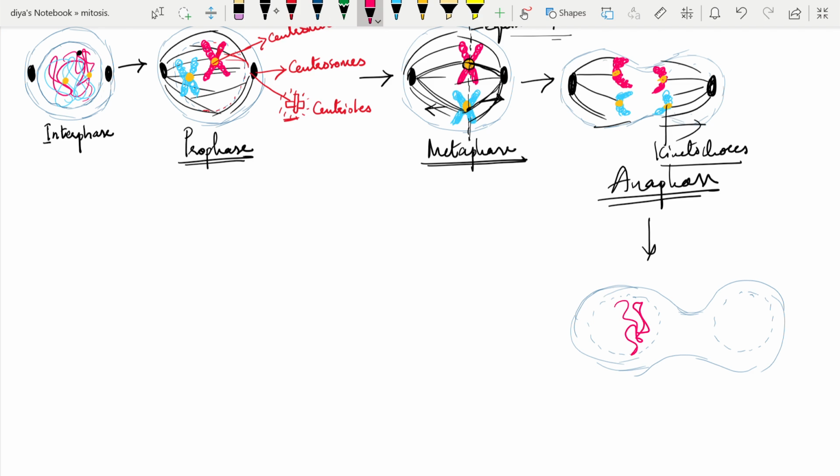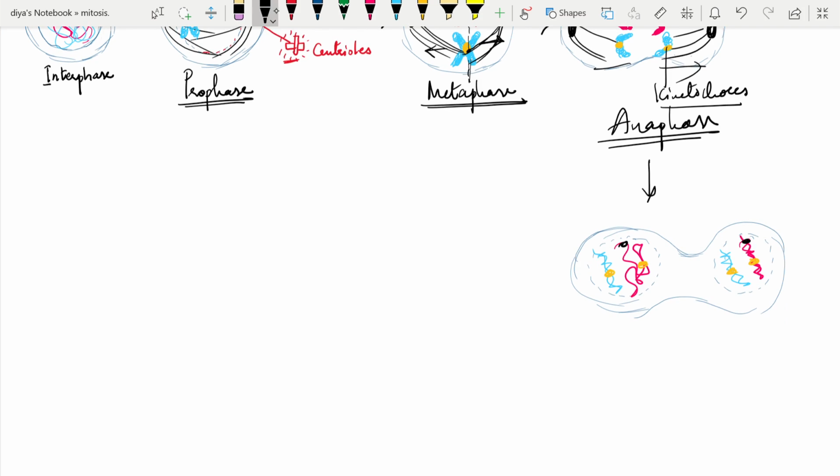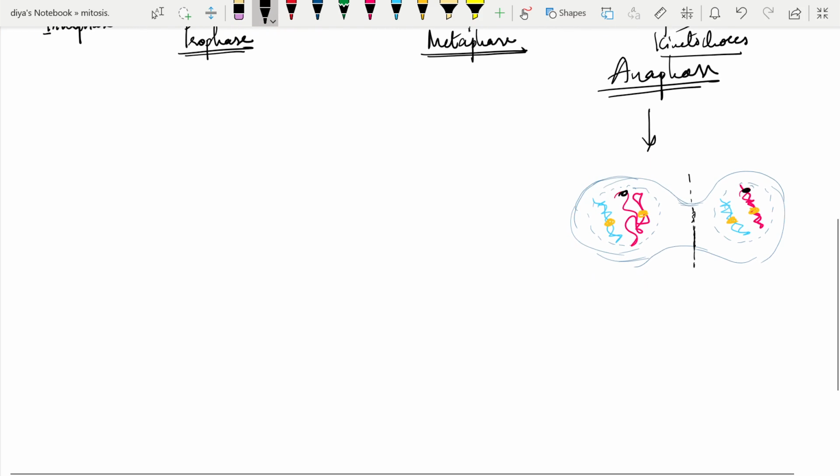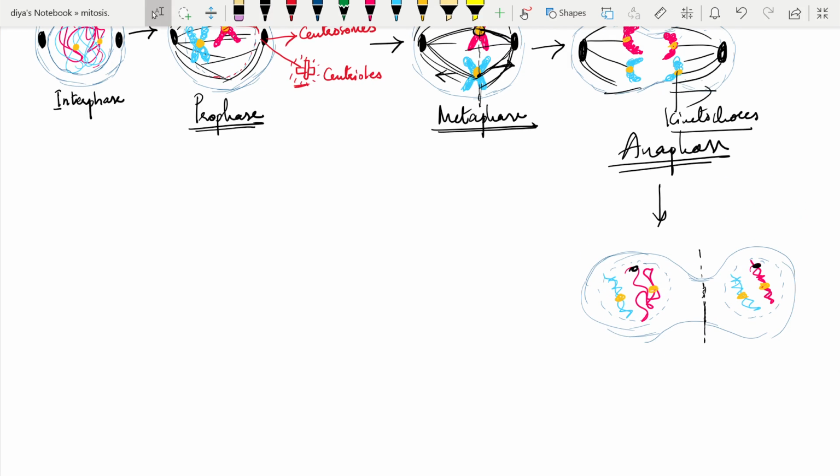They again decondense, and they are in their decondensed form now. This is the second chromatin. These have their own kinetochores now. The nucleolus again starts to appear here, and it also forms a plate here. This phase is called telophase.